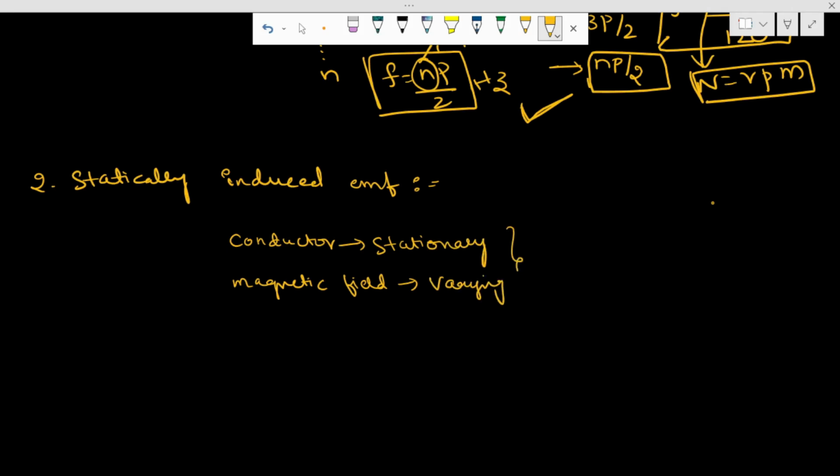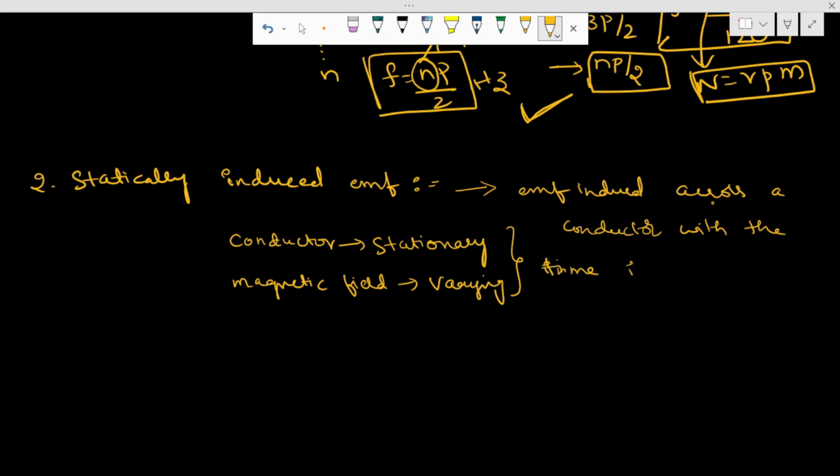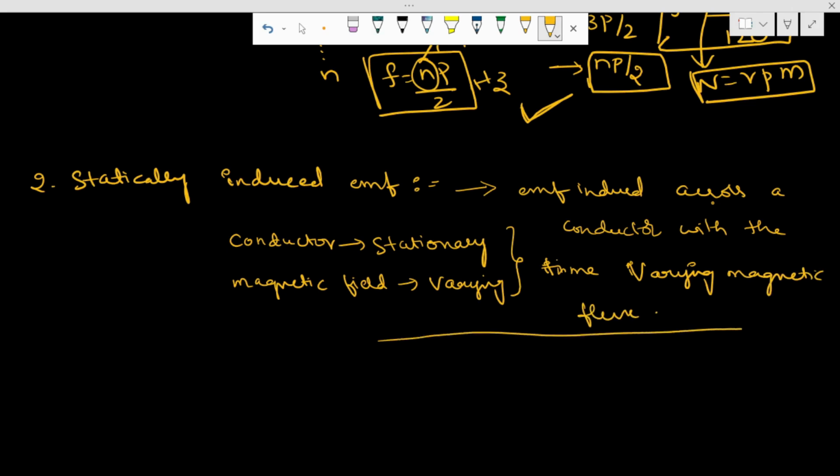Statically induced EMF is the EMF induced across a conductor with the time varying magnetic flux.